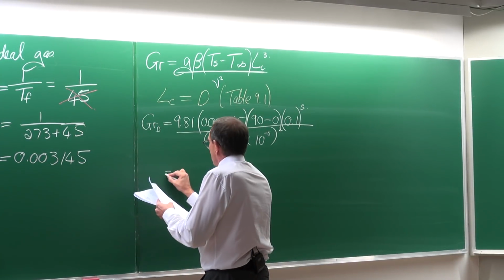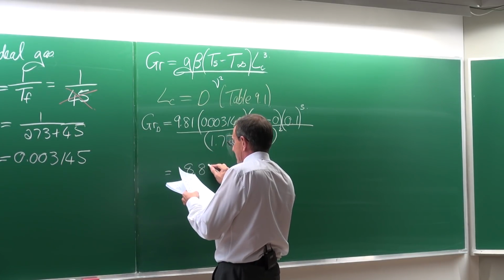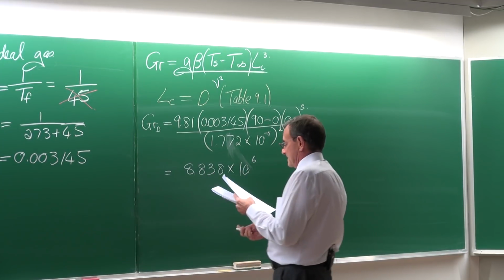And if we do that, then the Grashof number is equal to 8.838 multiplied by 10 to the 6.